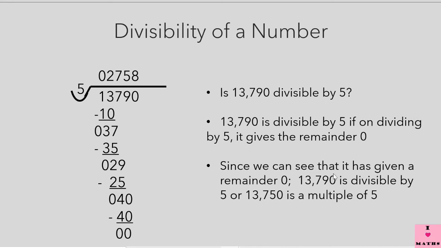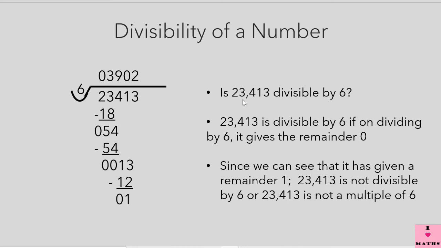Since we can see that it has given a remainder 0, 13,790 is divisible by 5, or we can say that 13,790 is a multiple of 5. It means in the multiplication table of 5, this number comes as an answer. Okay, let us see one more example.